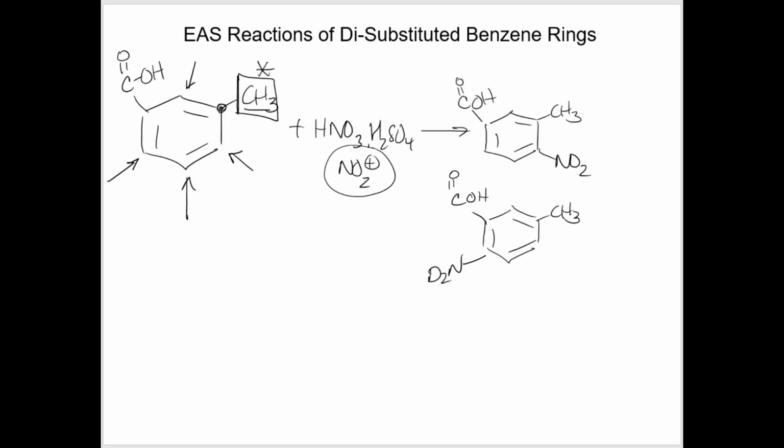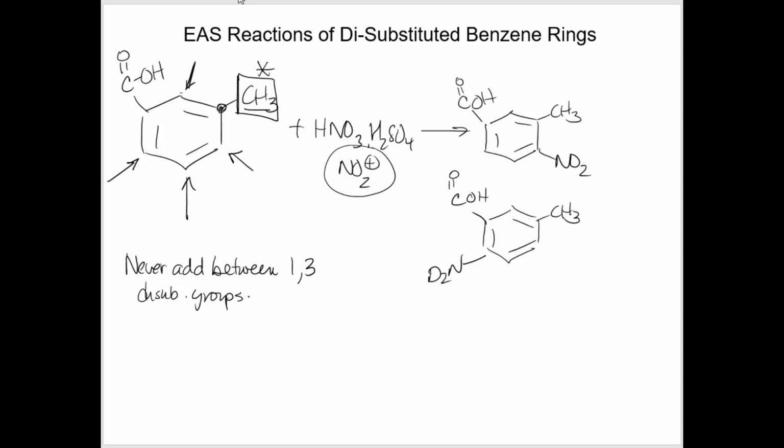Now, why didn't I write the product adding to this ortho position? All right, there's a prohibition. You never add between 1 and 3 disubstituted groups.